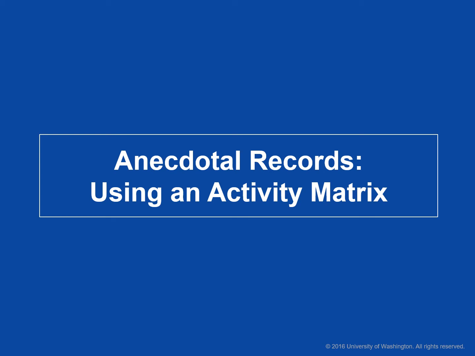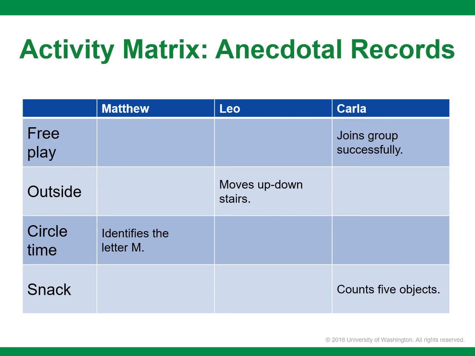All right, moving on, anecdotal records using an activity matrix. We're going to come back to the anecdotal records that you created based off the video clip. Some children in the classroom may have highly individualized goals and objectives that require very frequent collection of assessment information. For example, some children with IEPs or behavior support plans may need data collected on a weekly or even daily basis.